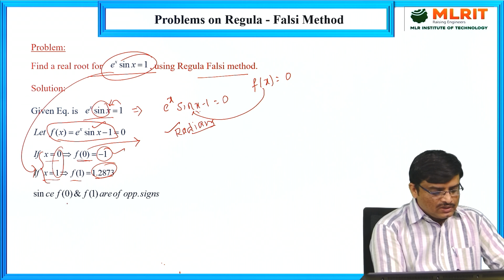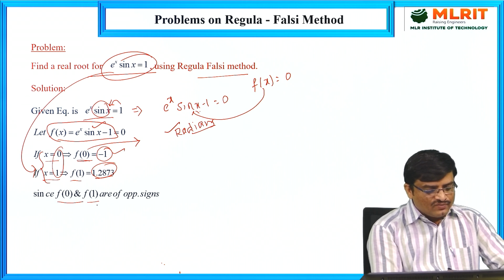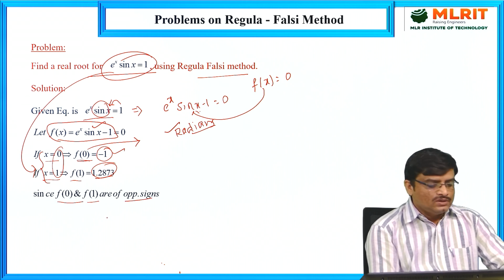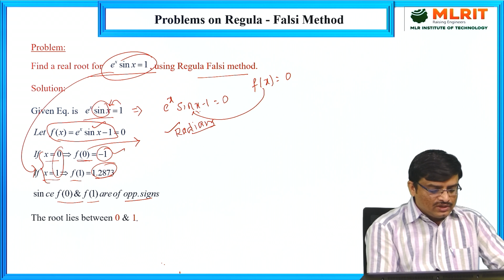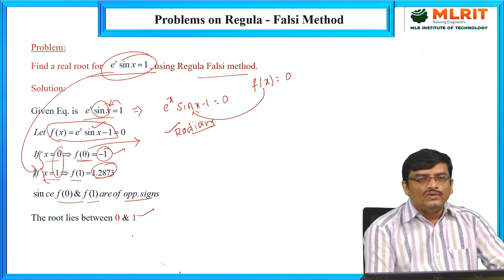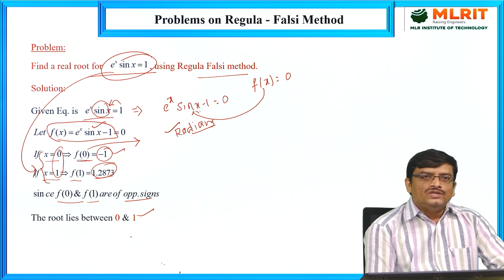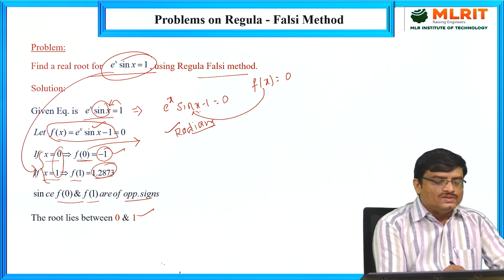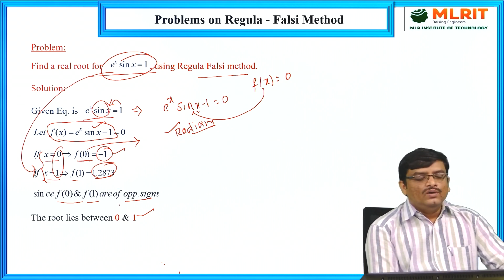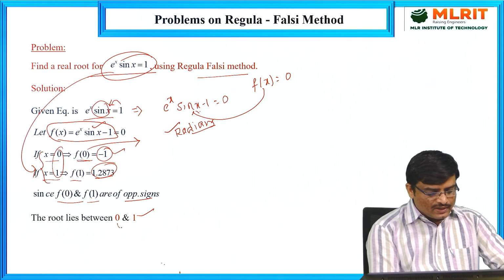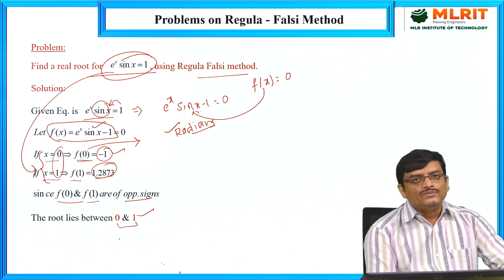Since f(0) and f(1) are of opposite signs, we can conclude that the root lies between 0 and 1. Now it is very clear that whatever root we are going to find lies between 0 and 1 here.